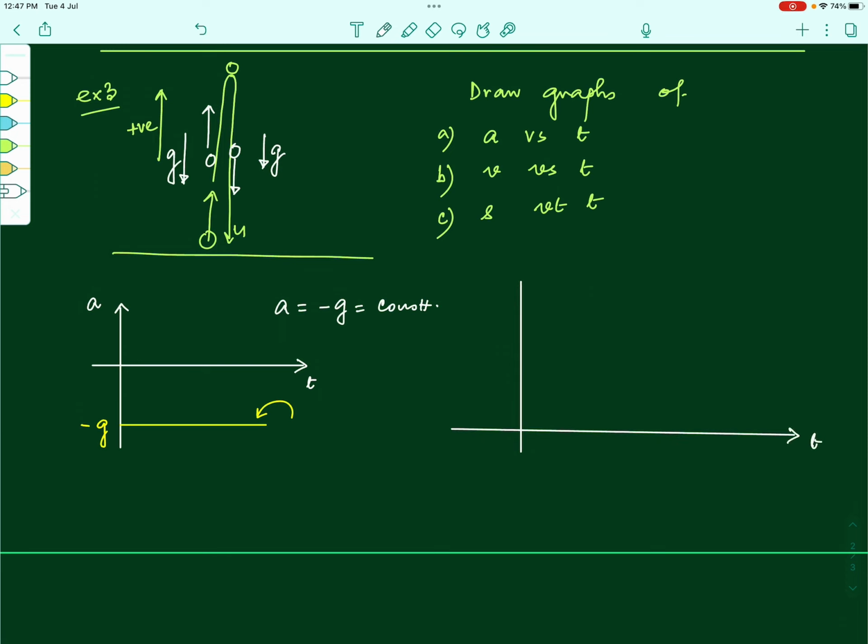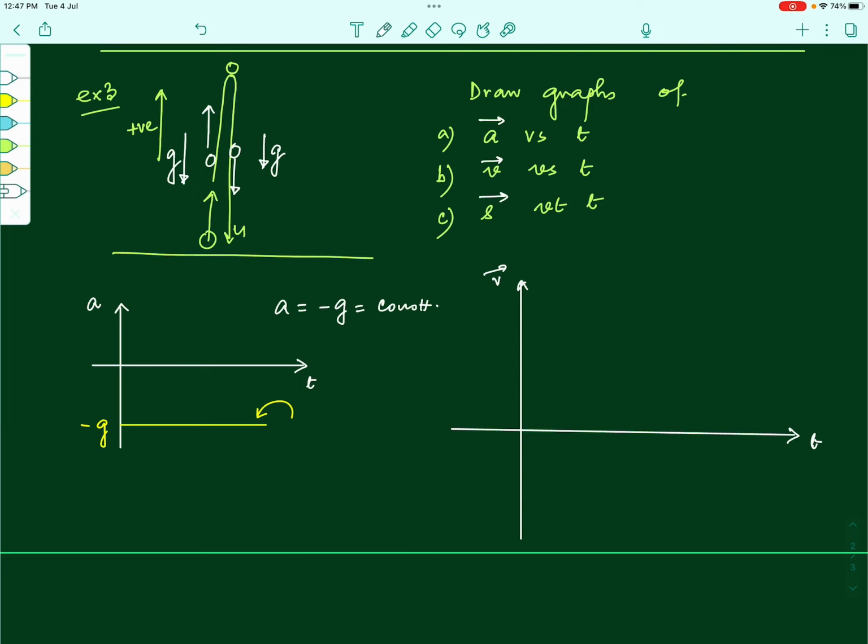Understand that we are talking about the vector v, mind you, not the scalar value. We might talk about the speed versus time graph as well, but for now we are working upon the velocity versus time graph. Maybe we can discuss the speed versus time graph also after this.